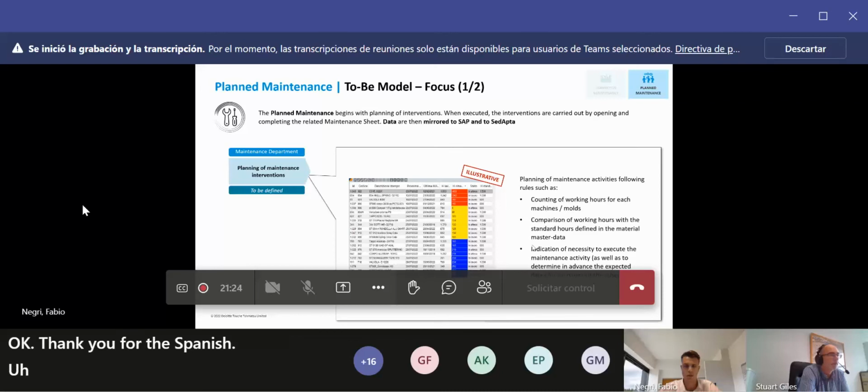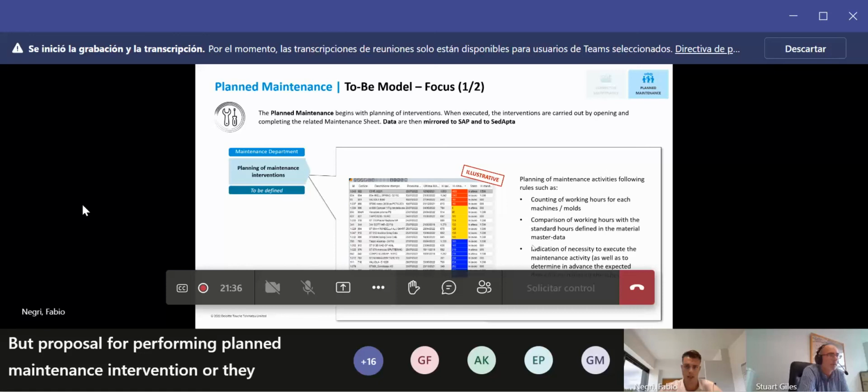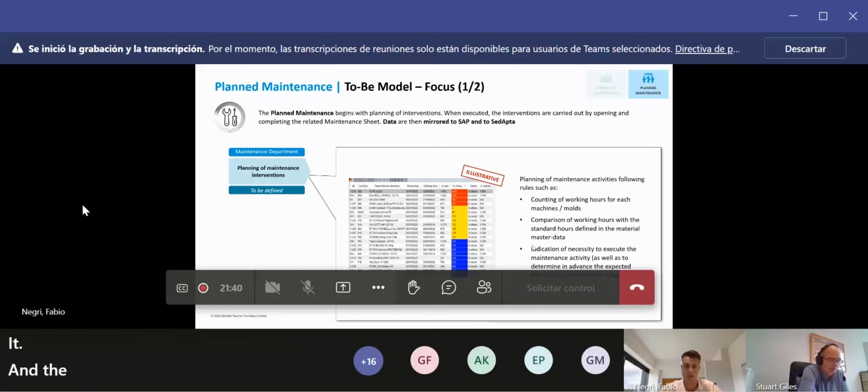What about Mexico? Do you use a system for providing proposals for performing planned maintenance interventions, or are they performed during the period of stop of the production during the year?